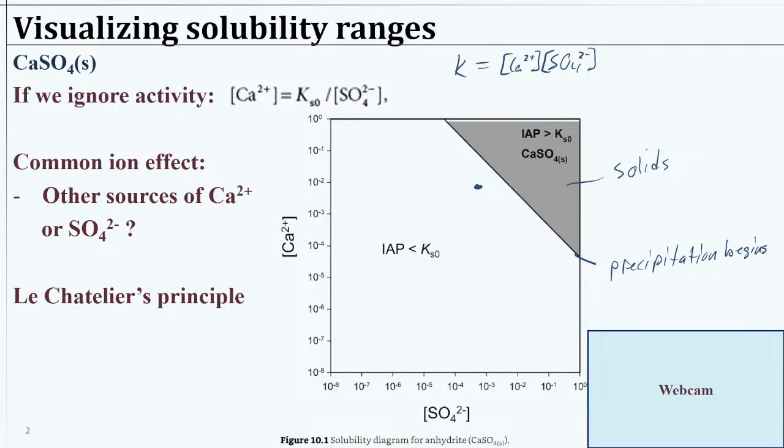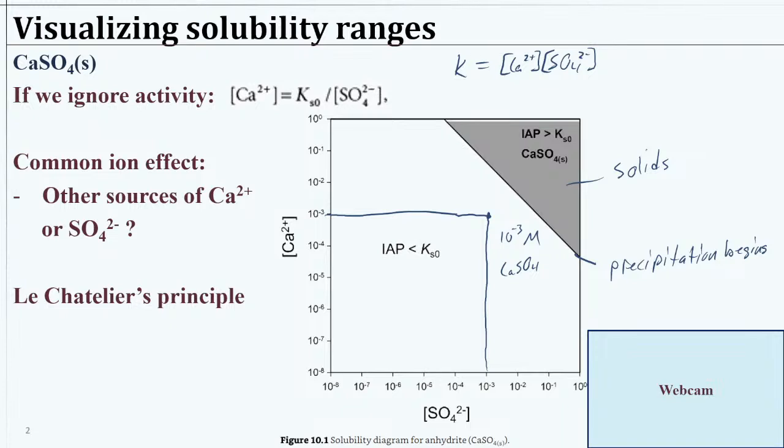Let's make it a little more precise. If we're adding exactly calcium and sulfate, they should be at the same concentration, right? So let's take 10 to the minus 3 and 10 to the minus 3. So we've added 10 to the minus 3 moles per liter of CaSO4. Okay? So we end up at that spot. Make sense? Just how it's going to work.